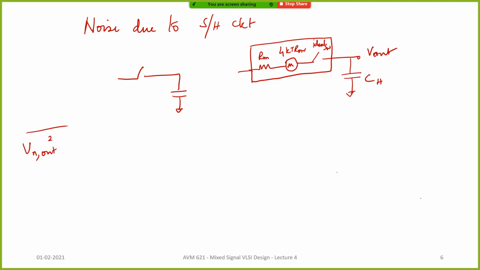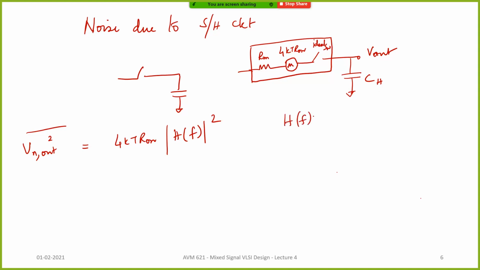We assume that the switch is closed, since we can evaluate it only when the switch is closed; otherwise the noise doesn't flow, right? So you have 4kT Ron multiplied by the transfer function of this RC filter, where H of f is the transfer function of this RC filter.